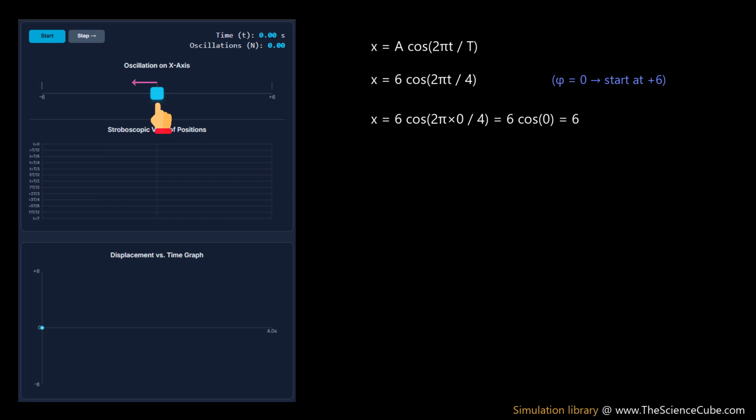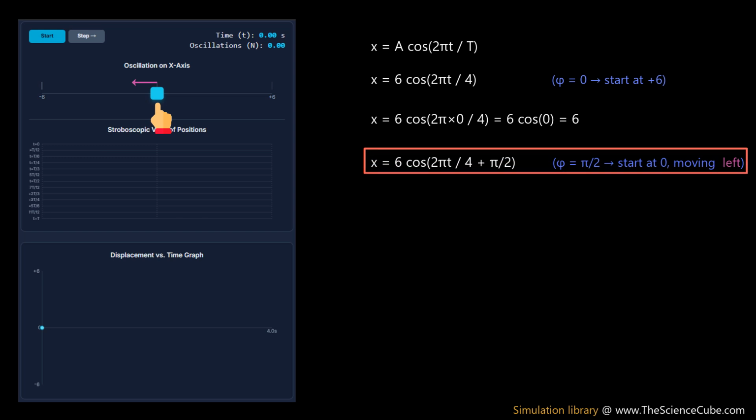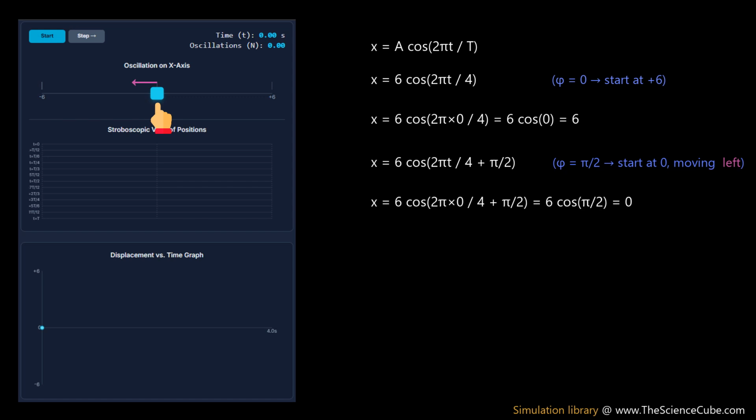So what we do is modify the equation to x is equal to 6 cos (2 pi t upon 4 plus pi by 2) and see if this works. So at t equal to 0, in this equation, x equals 6 cos pi by 2, which equals 0 meter. That is correct.